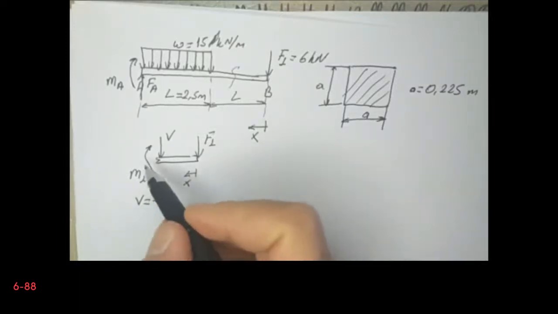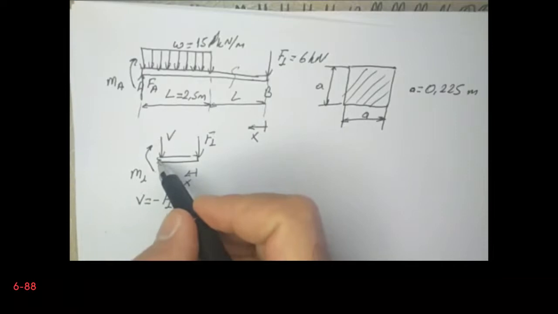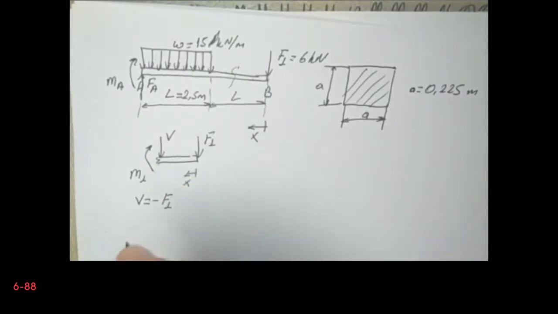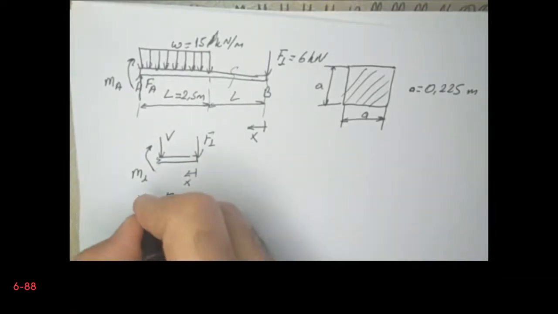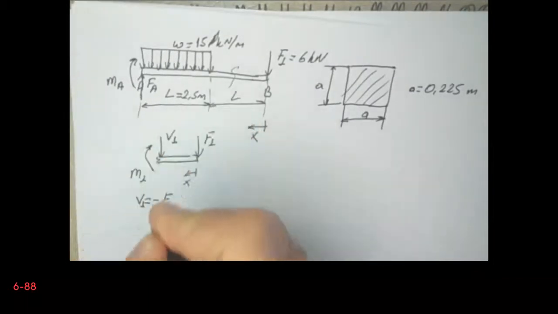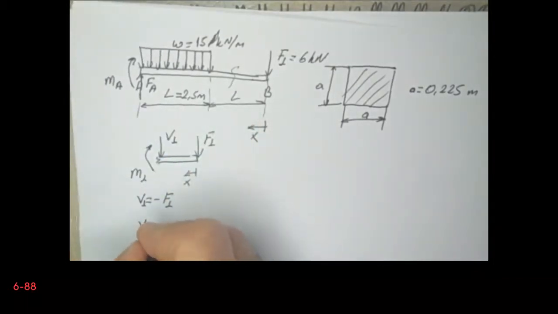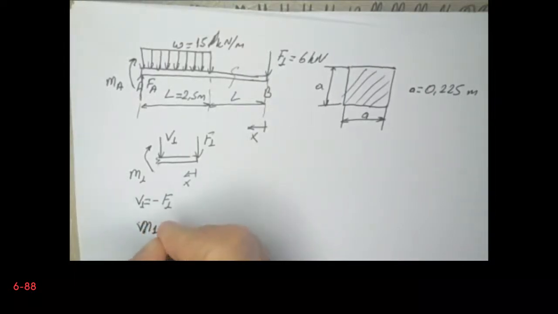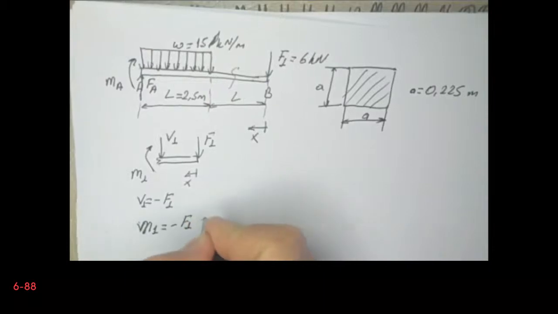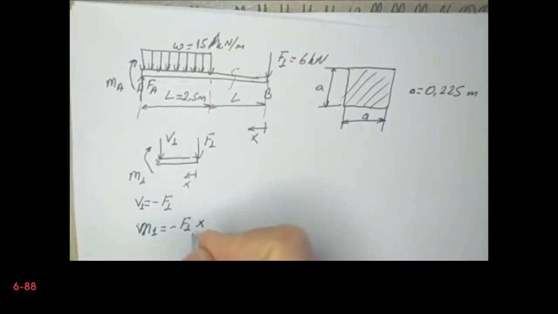I take the moment with respect to the cut. This distance is X, therefore let's say that this is V1, by the way. M1 is equal to then minus F1 multiplied by X. So this is the moment M1.